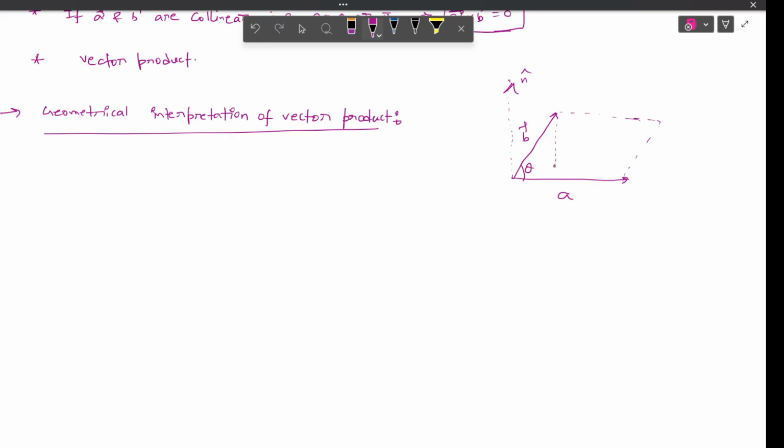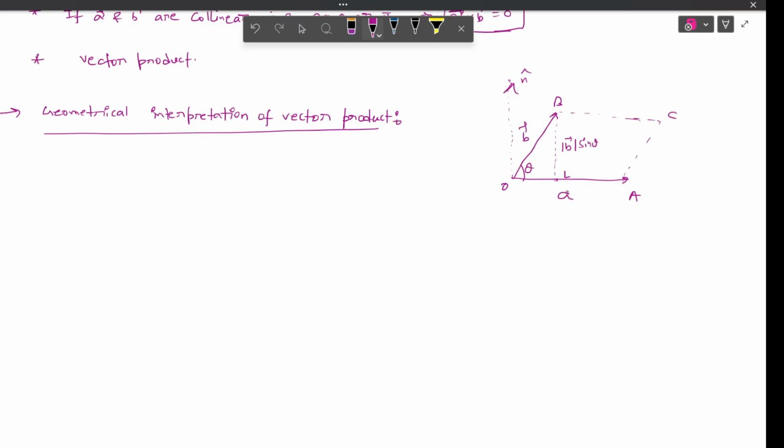If we draw a perpendicular here, then this perpendicular would be mod of B sin theta, and this component would be mod of B cos theta, because this component is attached to vector B directly. So if we name the parallelogram OACB and this point L, we can see that OA vector and OB vector are non-parallel vectors, and theta is the angle between them.